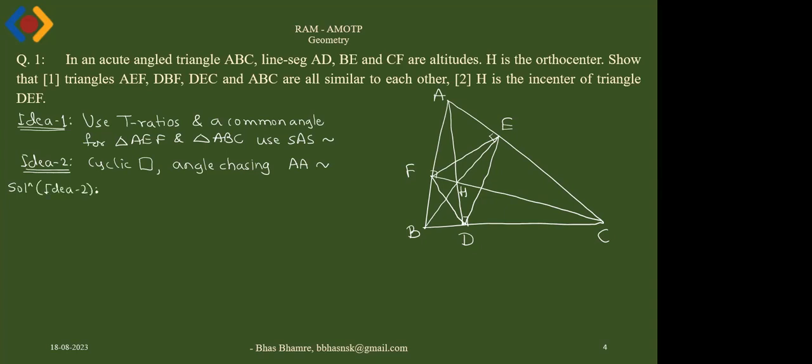From idea 2, we are going ahead. Because angle BFC is equal to angle BEC, since it is 90 degrees, therefore we say that BFEC is a cyclic quadrilateral.